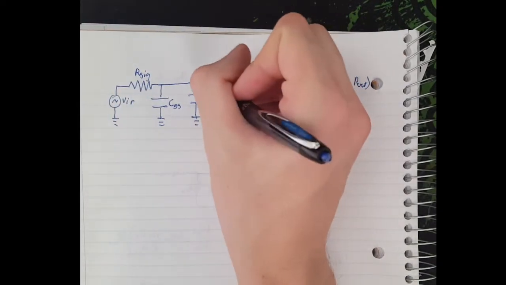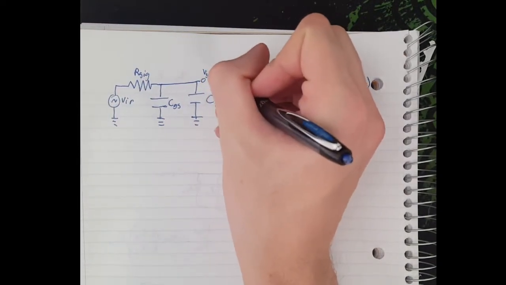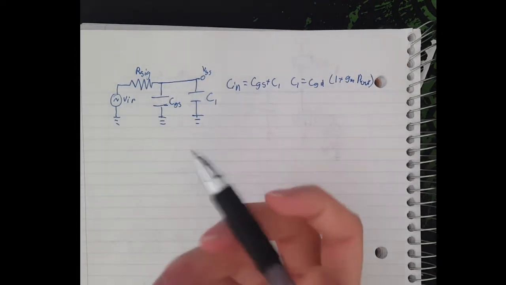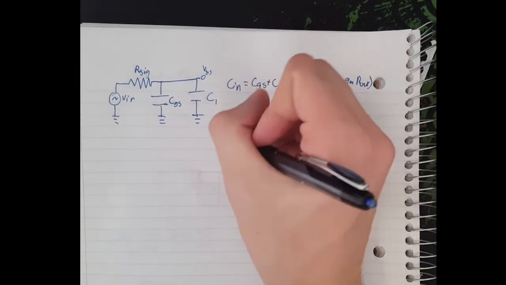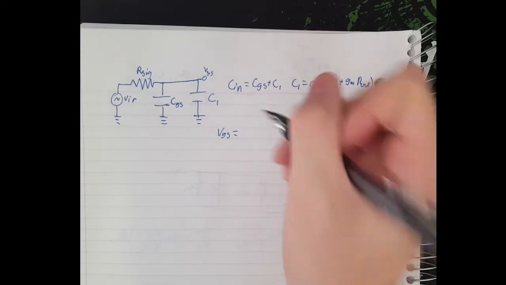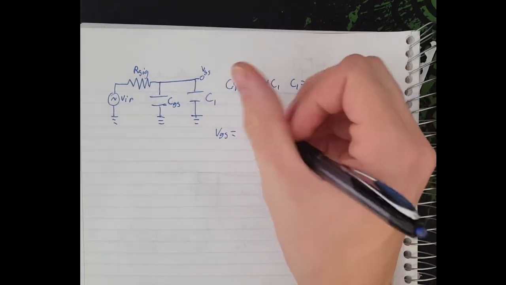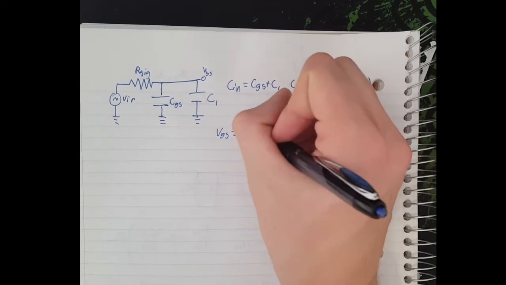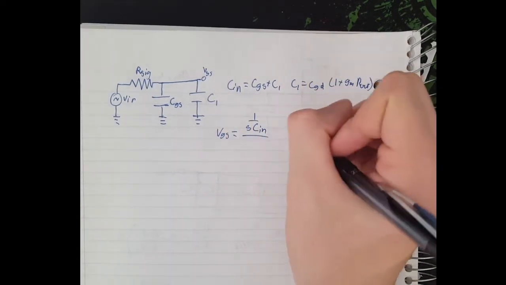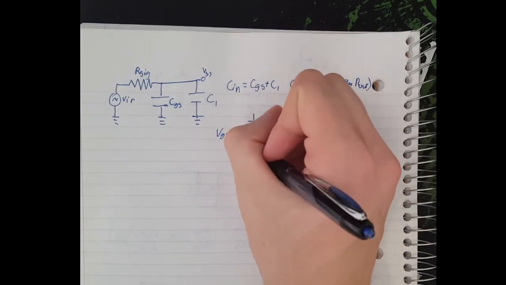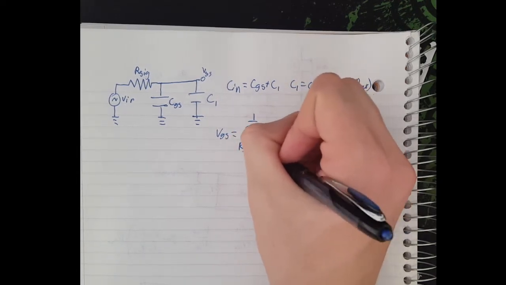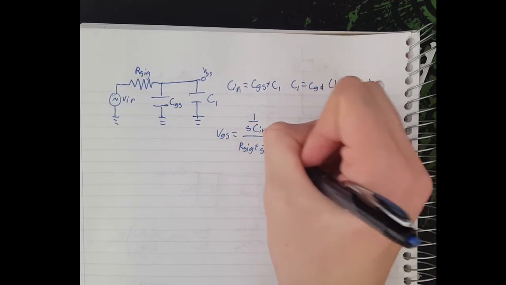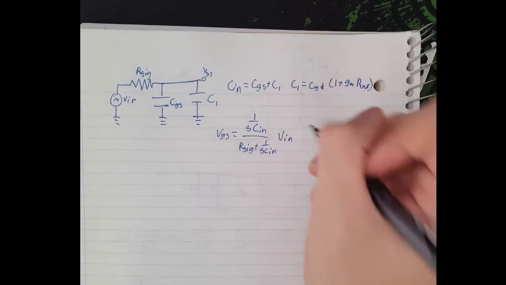To go from V in to VGS here, it's just a voltage divider where VGS is equal to 1 over SC in, over R sig plus 1 over SC in, so times V in.